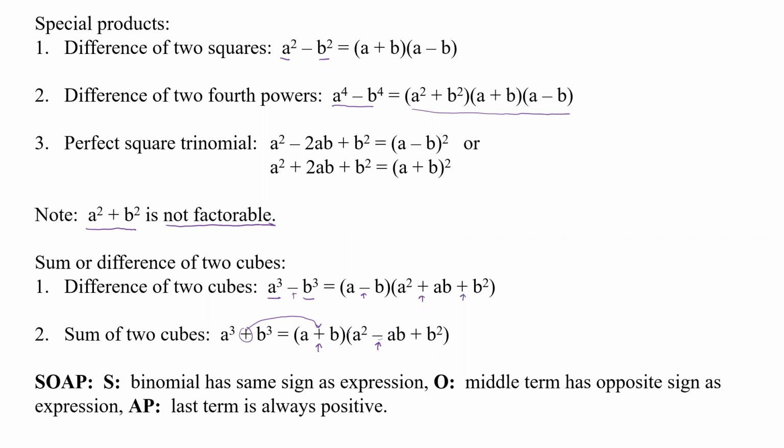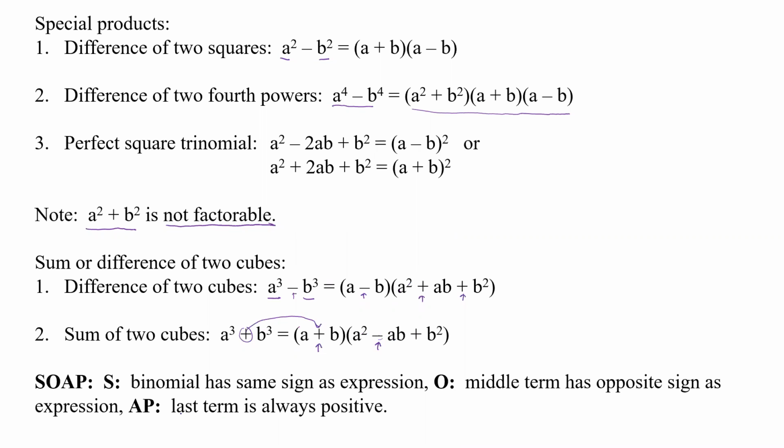So this plus corresponds to this, and then the next one is the opposite, and we still always have the positive b squared. Now, some people like to remember an acronym, and SOAP is one, where S, that's the binomial, has the same sign as the original expression. O, that's the middle term of the trinomial, has the opposite sign as the expression. You can see this one was plus, that one's minus, they're opposite.